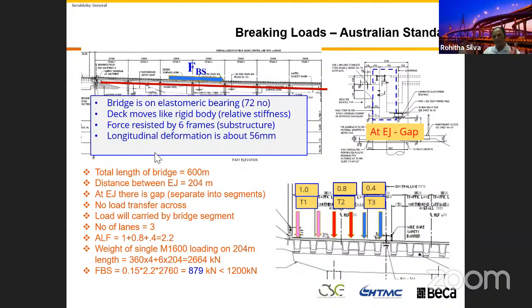And then this movement in the substructure, because the load transfer, you see, this 879 move across 6 portals and 12 piers. 12, because this portal got 2 piers, 12 piers. And every pier, if you got a minimum 2 piles, then how many piles? 24 piles.